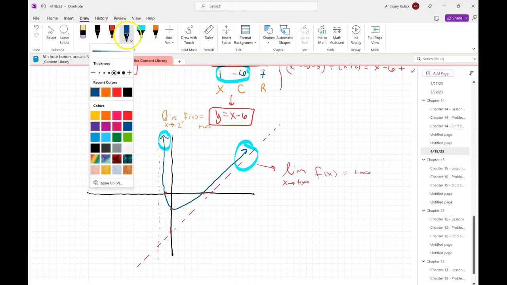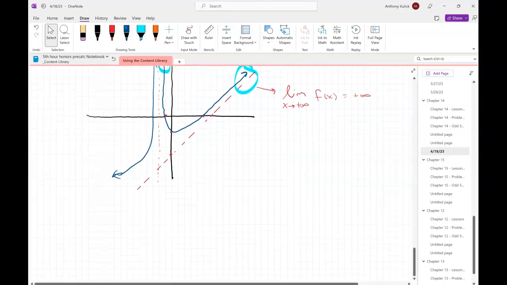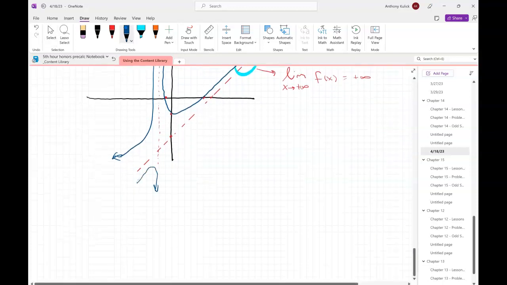The last thing I need to do now is figure out whether the other part of my graph should look like this, or if it should be down here looking like that. Everybody agree? Those are the two options. It has to look like one or the other.